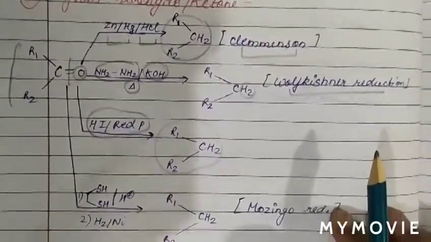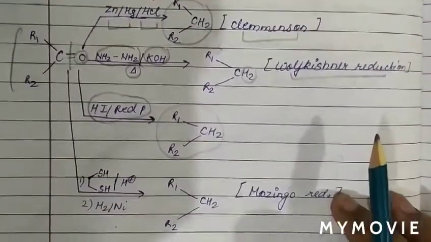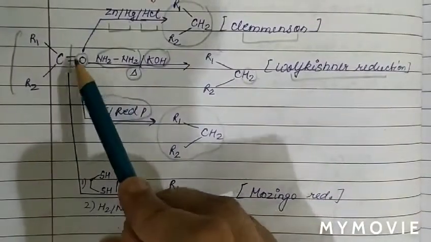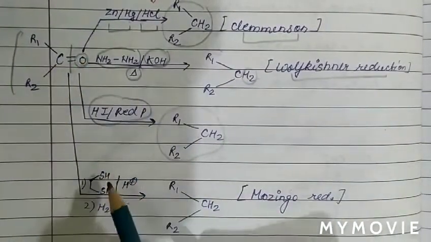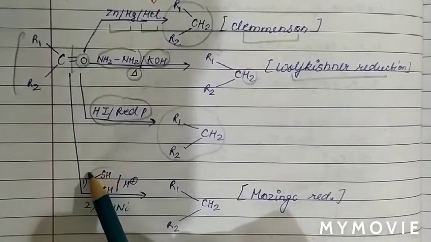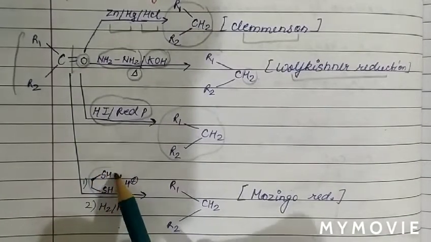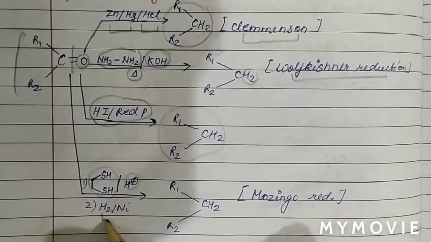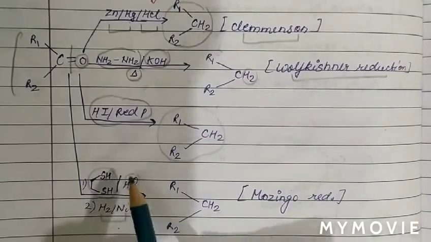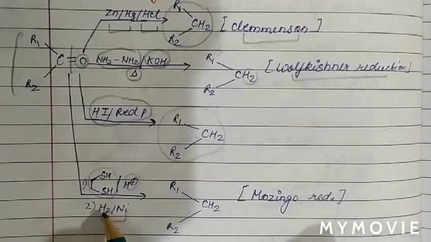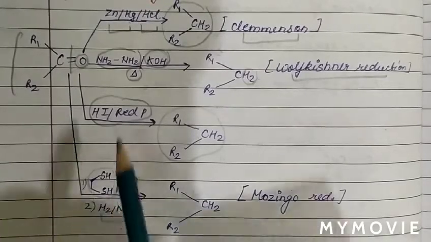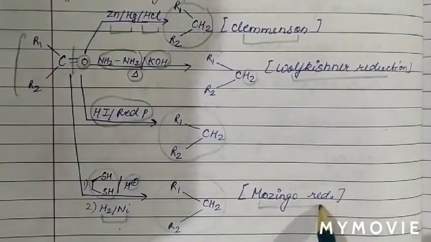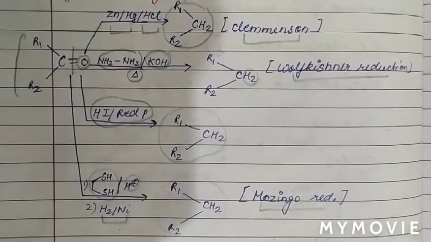The next reaction is not included in the syllabus, but you may see this only. Basically when aldehyde and ketone is reacted with ethane 1,2-dithiol in acidic medium, or another reagent, H2 in presence of nickel, this is also a kind of reduction reaction. Removal of oxygen and addition of hydrogen. This reaction we call Mozingo reduction.